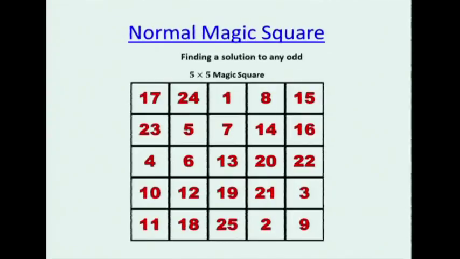By the way, you can impress your friends. If you do this with a 3 by 3, you can start with any number. So you say to your friends, give me a number 1 through 100. They say 26. Start with 26 in the middle and use the same for 27, 28, 29 until the magic square is filled, and you'll have a magic square. It's not really a normal magic square, right?